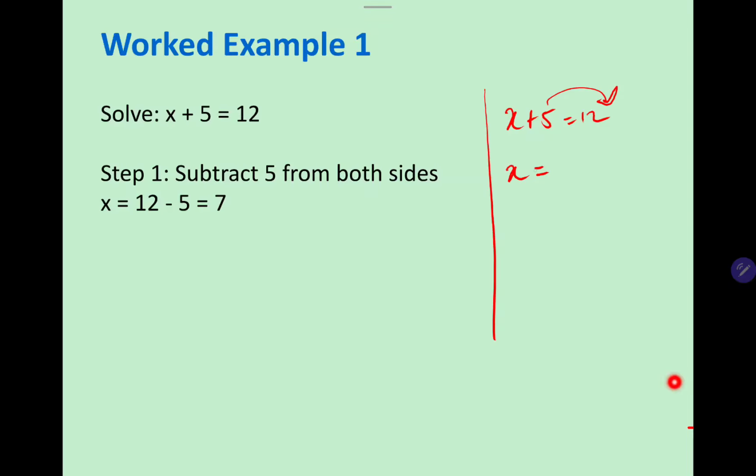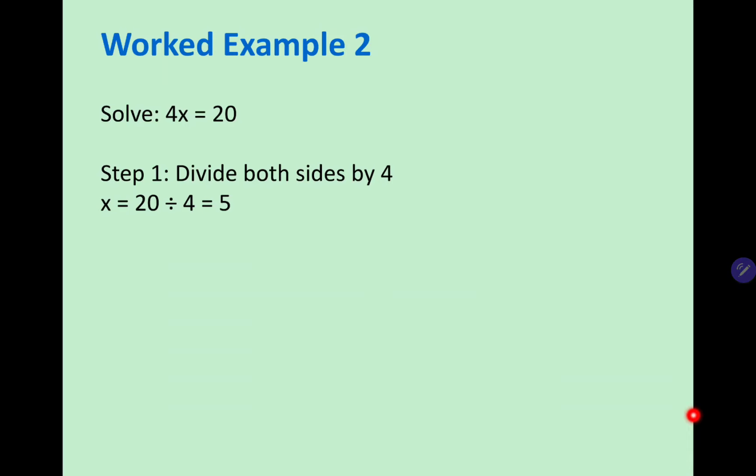So that will now be x is equal to 12 minus 5. The sign changes, remember. Once it crosses the equal sign, it changes. So 12 minus 5 is 7. So x is equal to 7. There you are. As simple as ABC. Here we make mathematics look like a piece of cake.